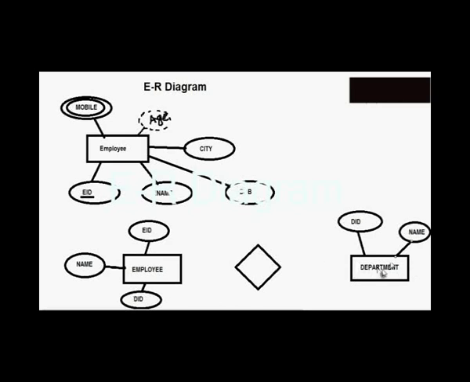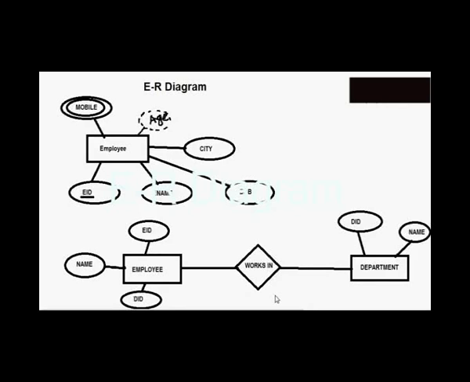So this is the relationship between employee and department. We connect them using this relationship diamond, and we write the relationship name there: employee works in department. Any employee can work in any department.